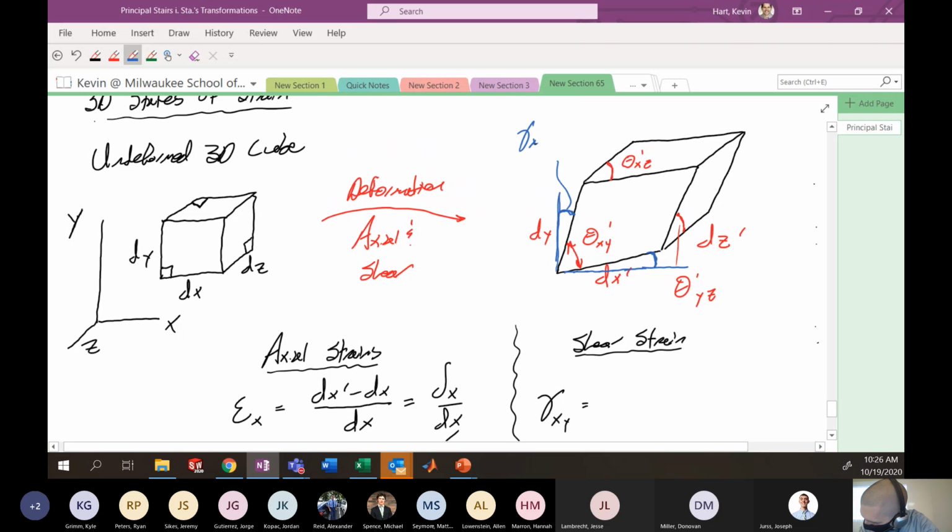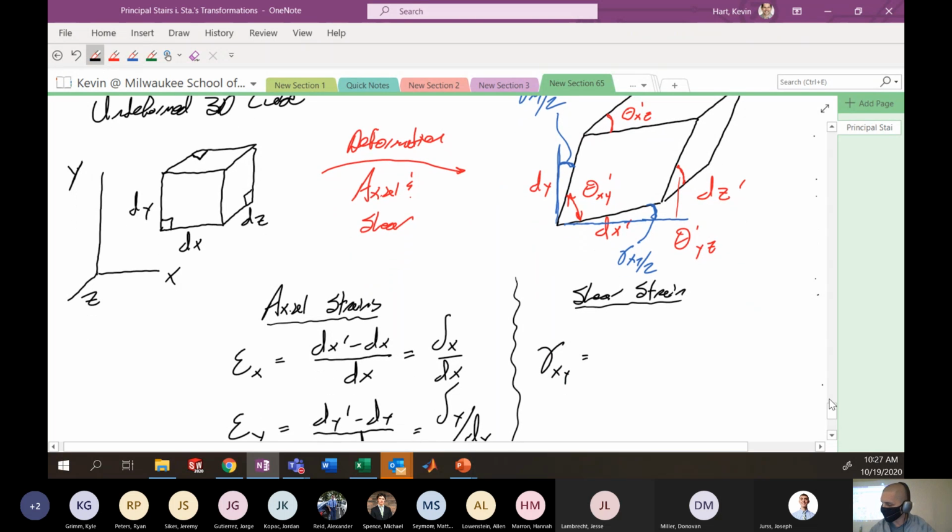So here is gamma XY on 2, and this is also gamma XY on 2. Remember those stupid floating values of 2 I was talking about here? They kind of manifest and you sort of see them clearly. All right. So if I actually wanted to find what that gamma XY is, I want 90 degrees minus theta XY prime. That's the idea.